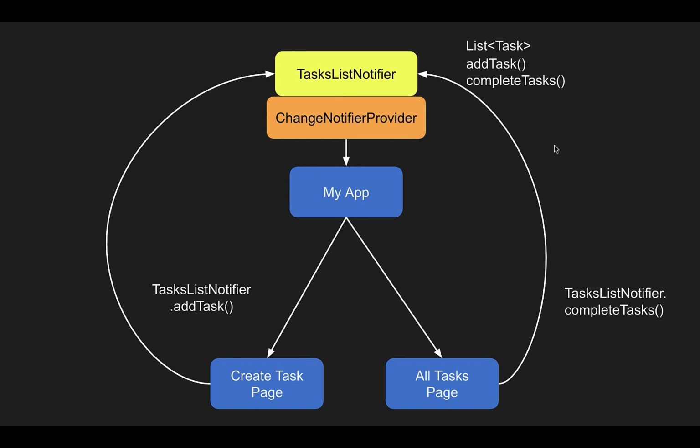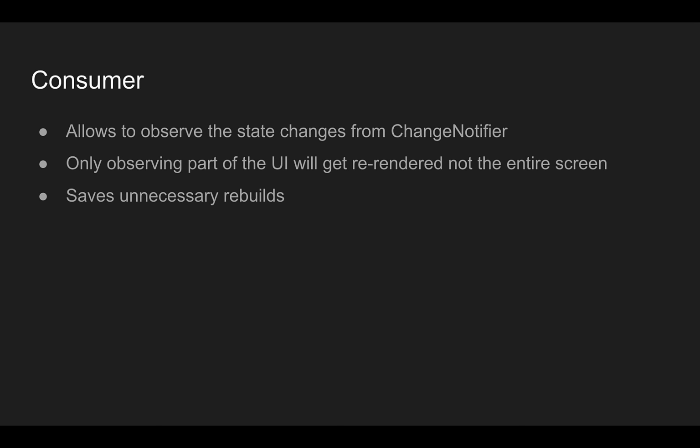Everything is perfect till now. But if you remember, our widgets need to re-render themselves so that they show the new data and update the UI. We can use consumer in this case. This will allow us to observe the state changes from change notifier.